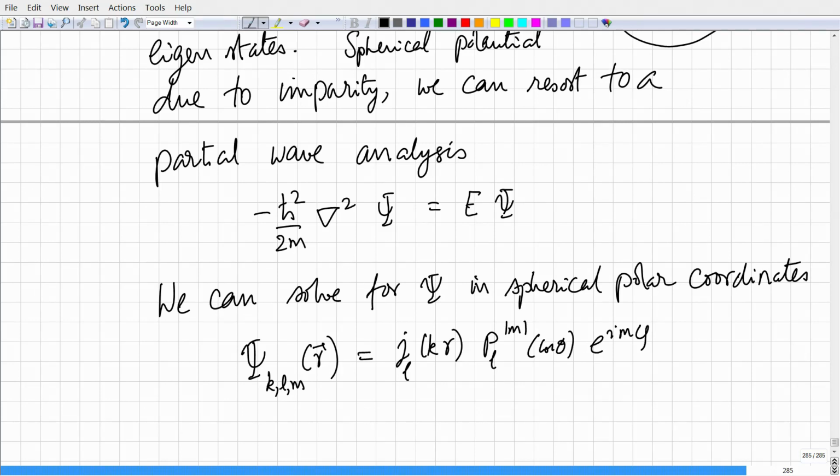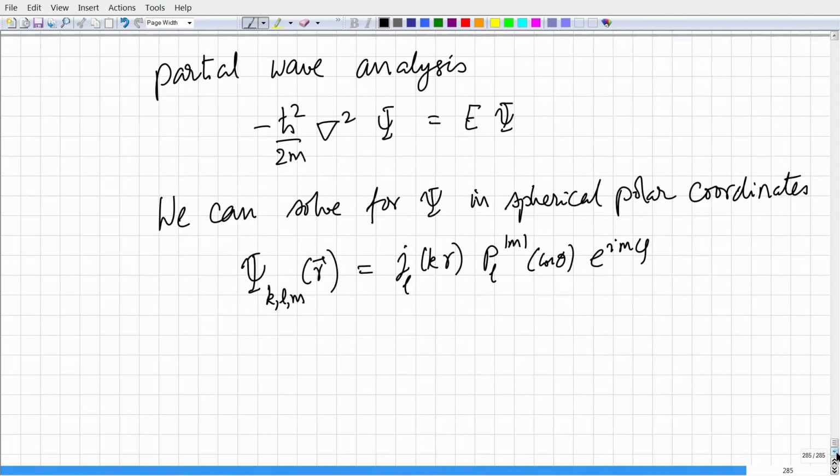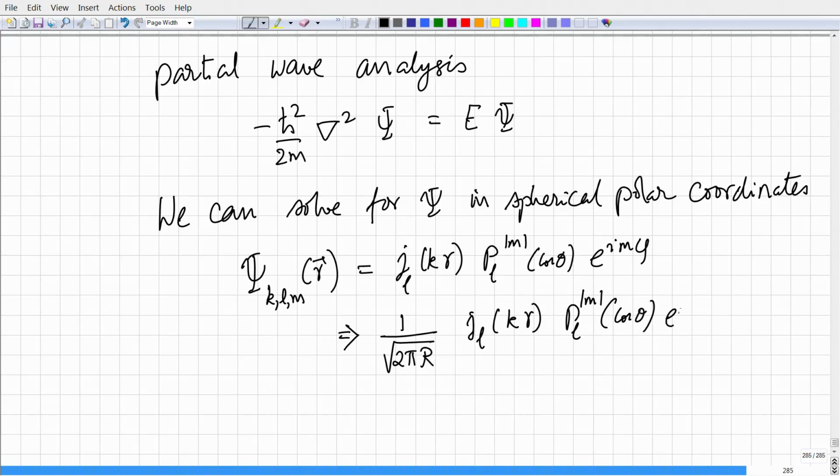Now, with j_L(kr), because the metal is in a spherical shape, I will also have a normalization constant. So, if I use a normalized wave function, it will be 1 upon root 2 pi r, j_L(kr) P_L^|m|(cosine theta) e to the i m phi.